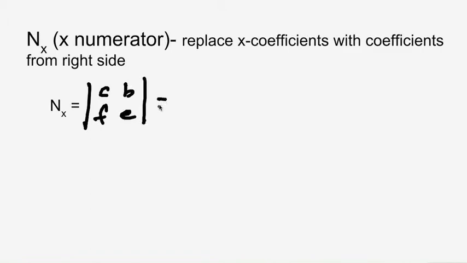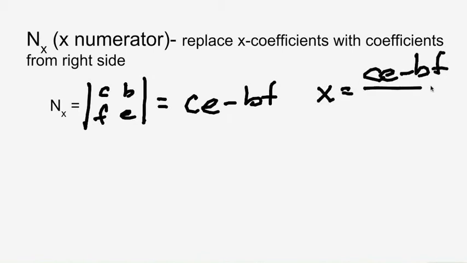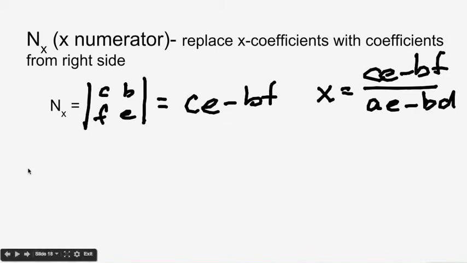Then to cross multiply, you go CE minus BF, which gives us X equals CE minus BF over AE minus BD, which is what the addition and subtraction method would have given us as well.